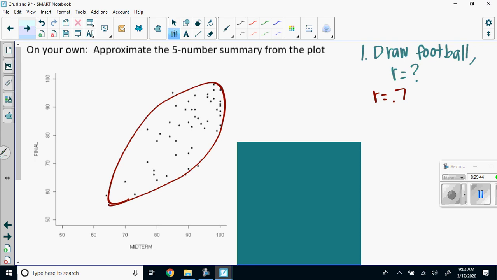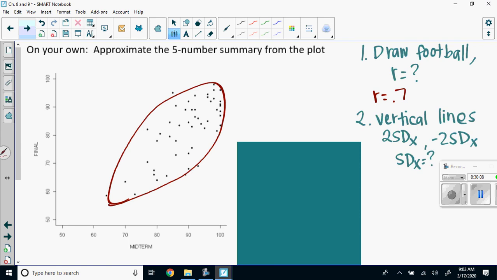Step 2 is going to be to draw your vertical lines to get 2 standard deviations for x. So we can figure out what 1 standard deviation equals.